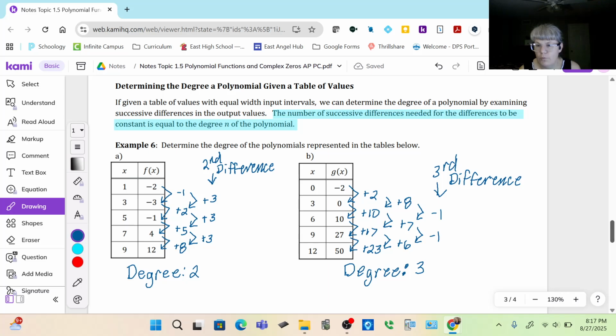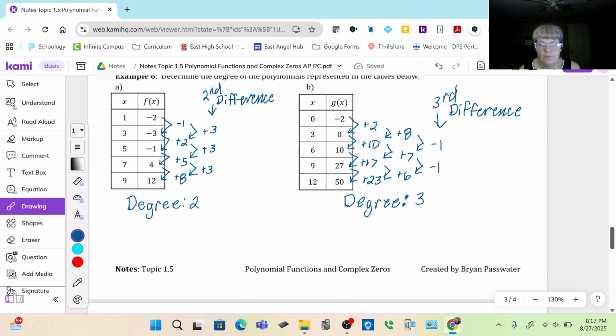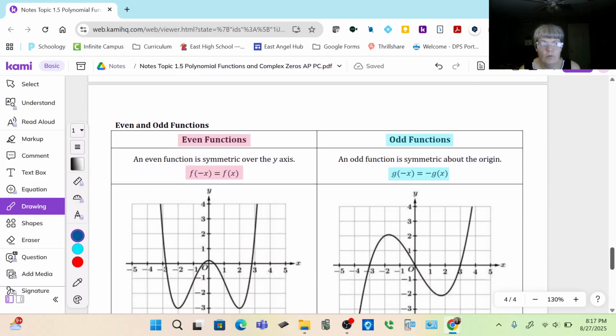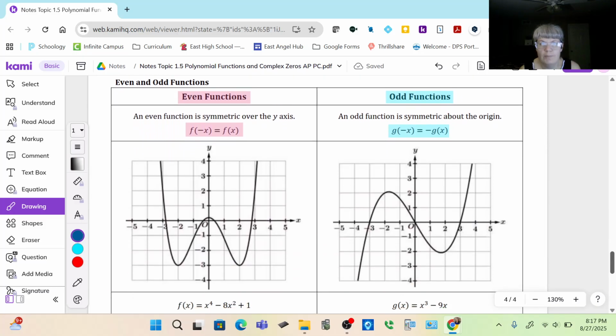Now, moving on from the degrees, we're going to focus on what makes a function even and what makes it odd. It isn't necessarily the degree of the function. I know I had kind of mentioned the degree with some of you on talking about the end behaviors in class with the work from topic 1.3 or 1.4.